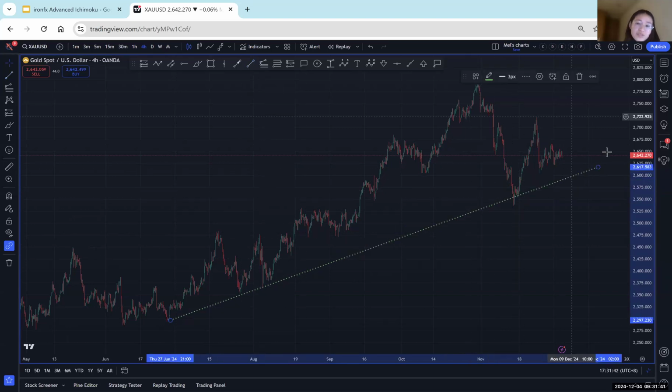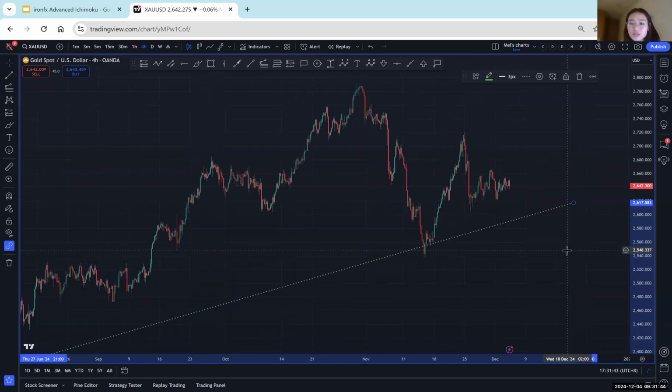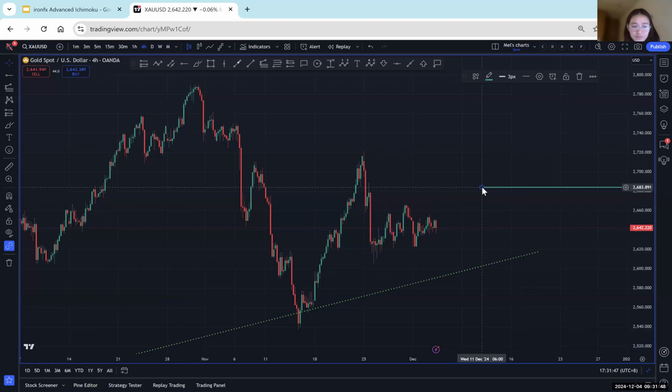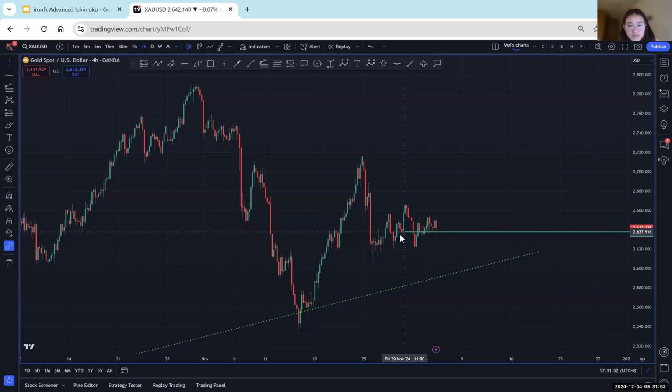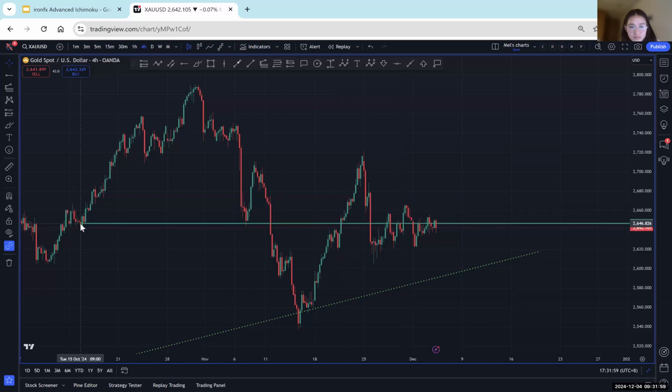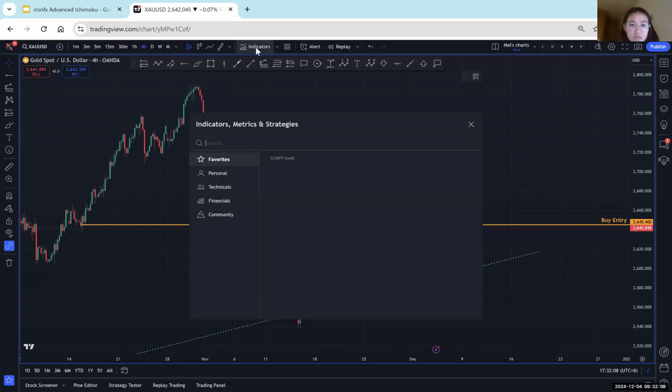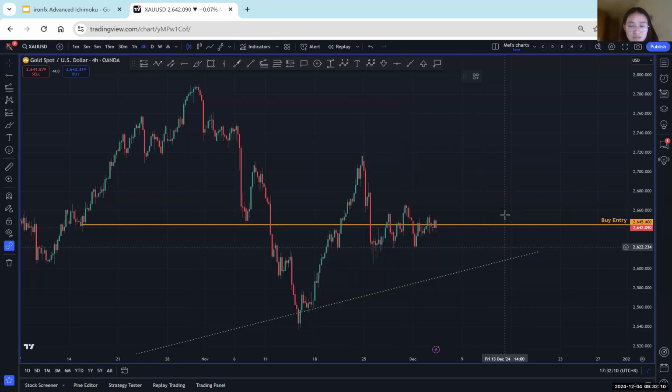Okay, we do have prices moving in this trend line, so that is giving us a bit of a bullish momentum. Okay, this should be my first support.